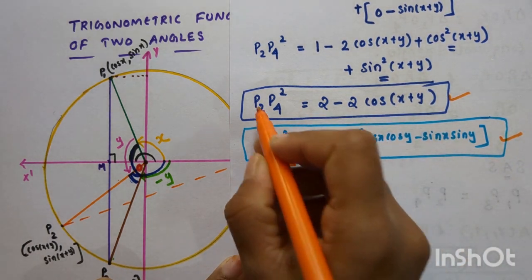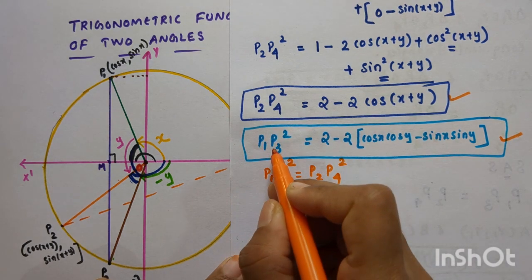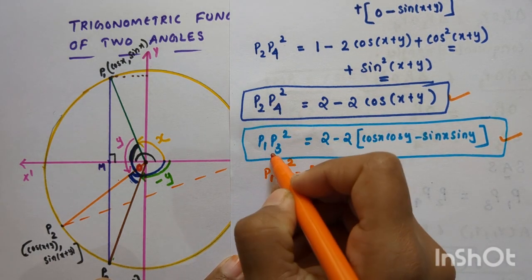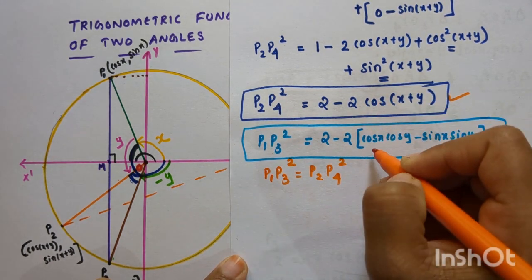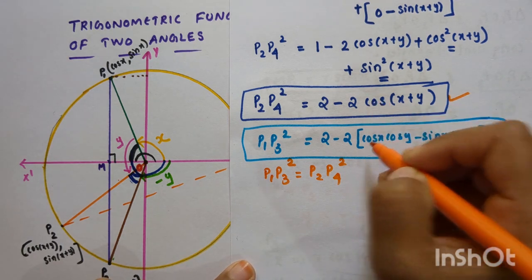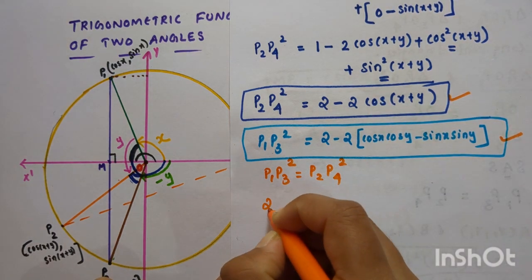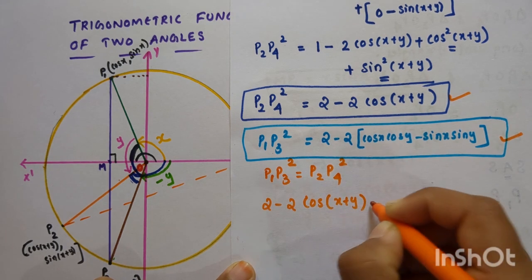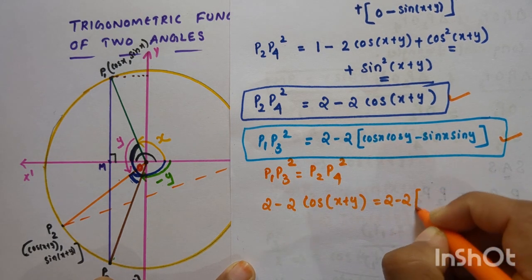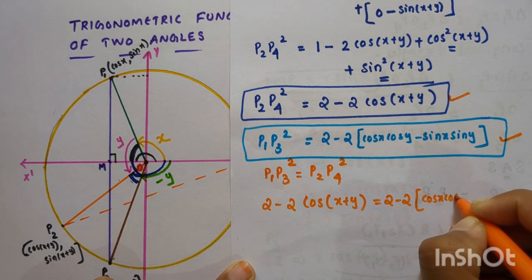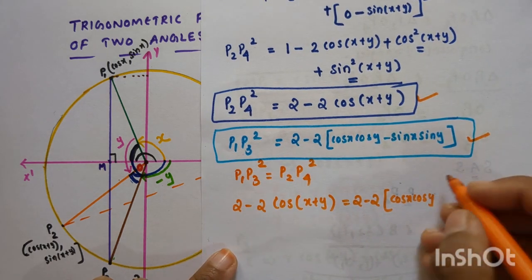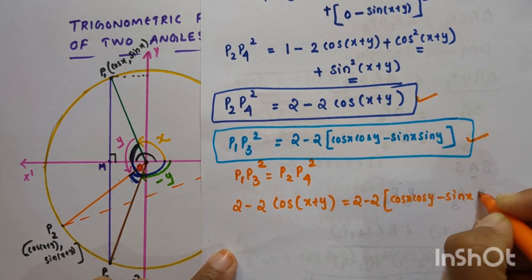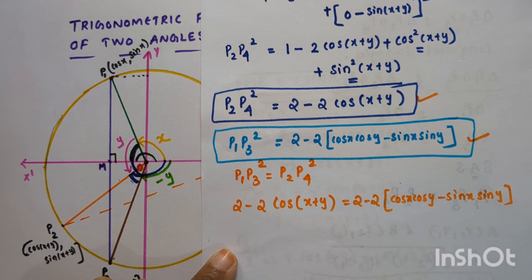The left hand sides of both equations are the same, so we can equate their right hand sides. When we equate them, we get 2 minus 2 cos of x plus y is equal to 2 minus 2 into cos x cos y minus sin x sin y.